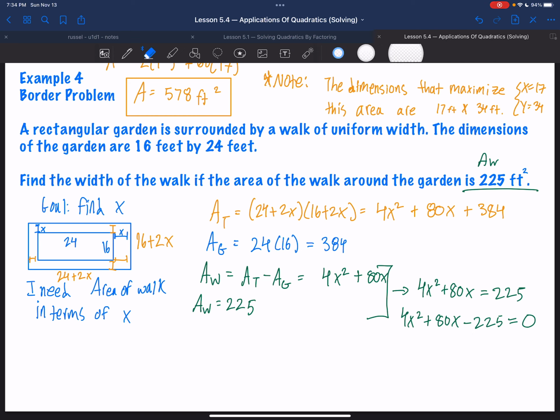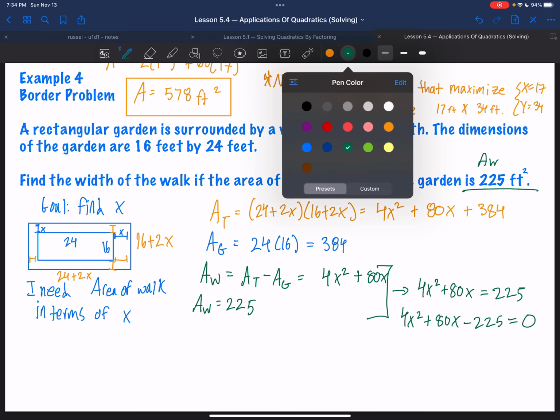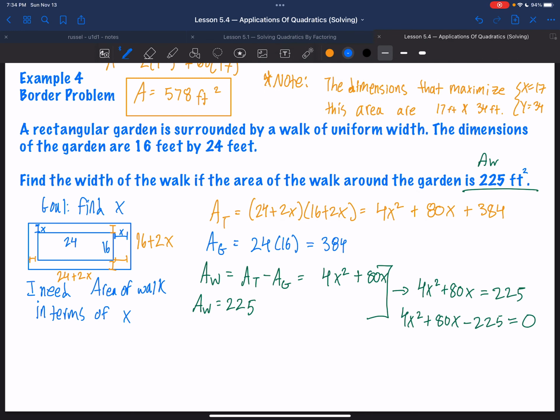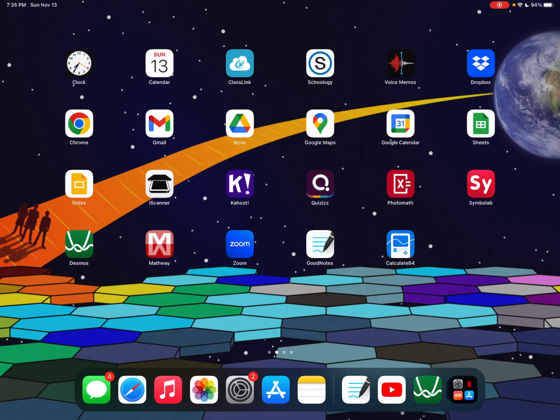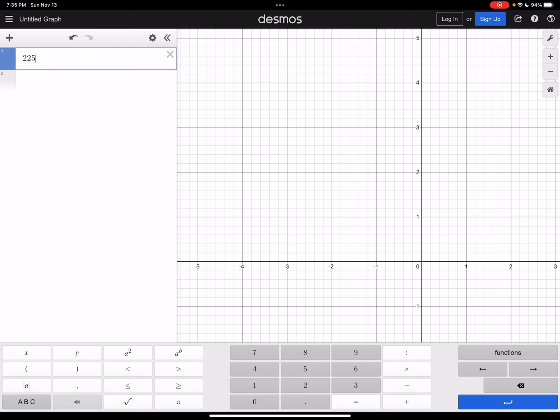Now, when I'm solving for x, you put it in standard form, and then you use a variety of techniques we've learned to figure out what x is. Now, let me see. I could try factoring, right? I could try factoring. I don't want to do that, though, because that would require doing 4 times negative 225. I mean, wait, should I? Okay, look, let's just humor ourselves. What's 225 times 4? 900.